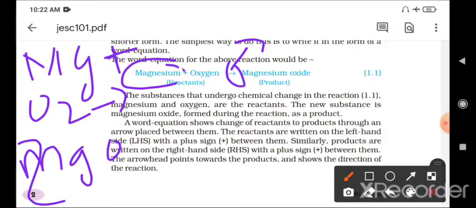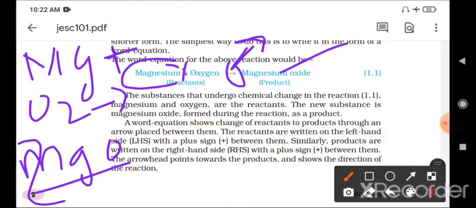Similarly, products are written on the right hand side. Reactants are always written on the left hand side. The product is formed on the right hand side. In between the reactants you have to write a plus sign. The arrow mark indicates the reaction between the reactants.